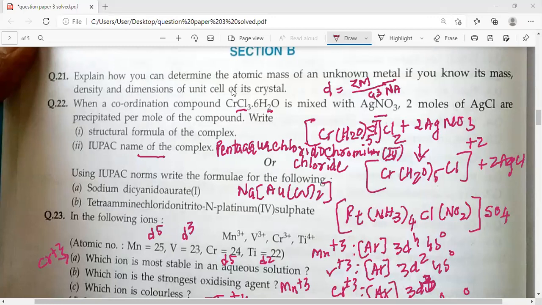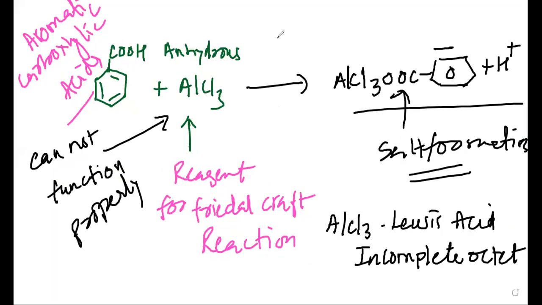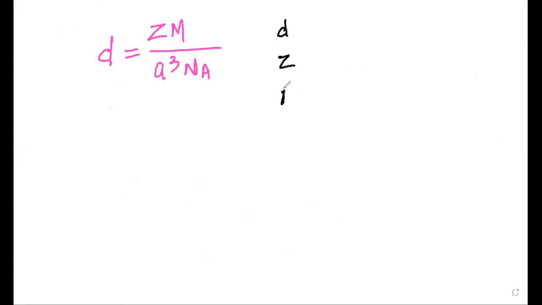We are well aware that we have a formula for a crystal: density D is equal to Z M divided by a cube into Na.